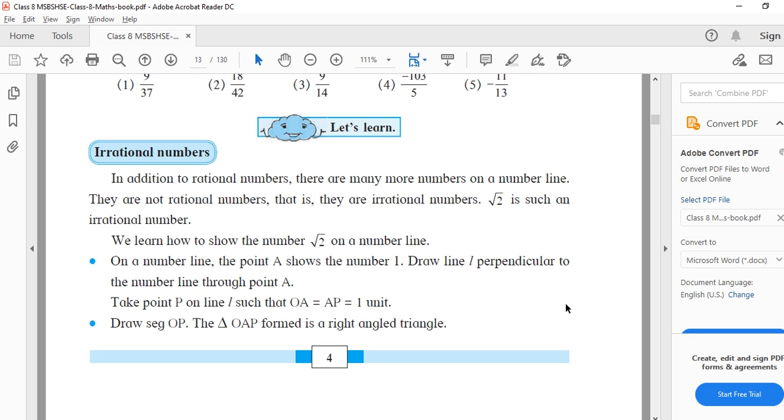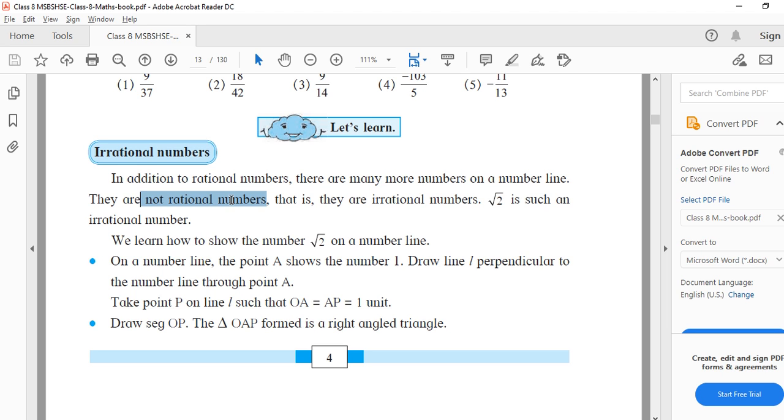Now as of now we have seen what a rational number is. It is in the form of a fraction wherein we have m upon n and wherein n is not equal to 0. Now let's have a look at an irrational number. In addition to the rational numbers, there are many more numbers on the number line.